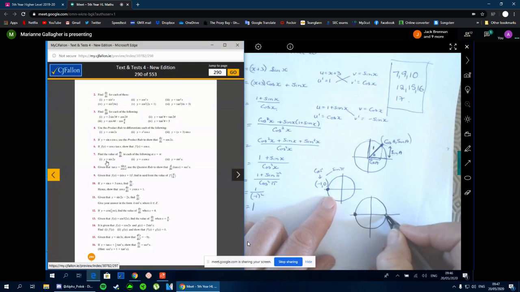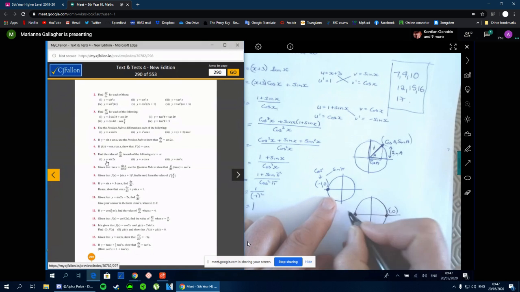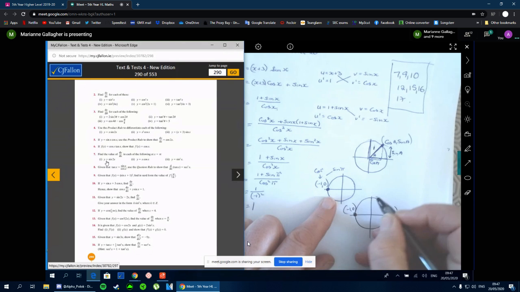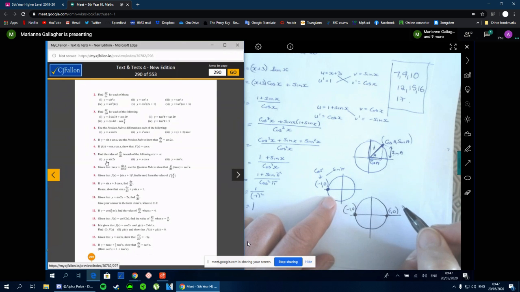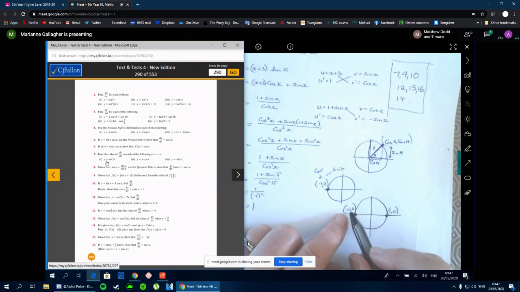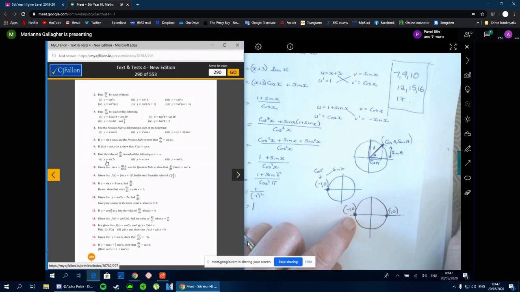Remember, cos is just the x coordinate, sine is the y coordinate. So you've got like 1, 0 and minus 1, 0. So it's just going to be multiples of 1. Okay. So cos of pi is minus 1, cos of 2 pi is 1, sine of pi and sine of 2 pi are both 0. So it should be very easy to work out. You don't really need the calculator for those.